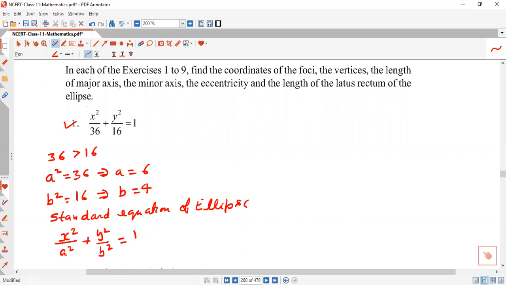The a square lies below the x square. It means the focus will lie on the x axis. So first of all, I will find out the foci.